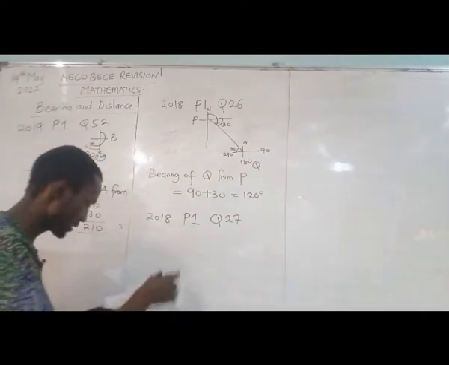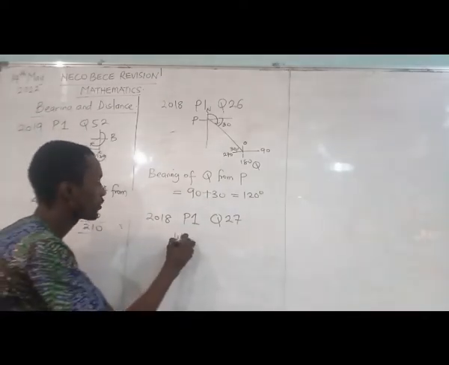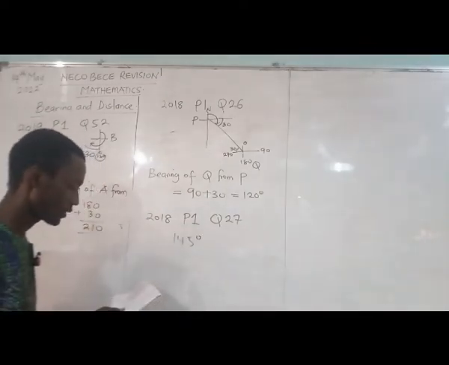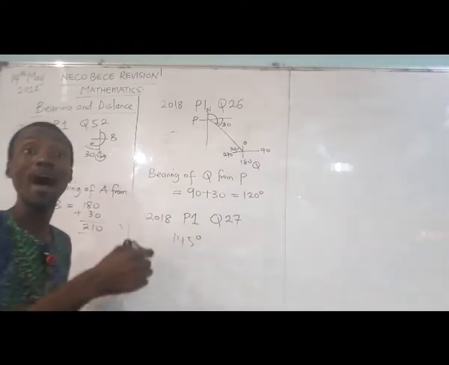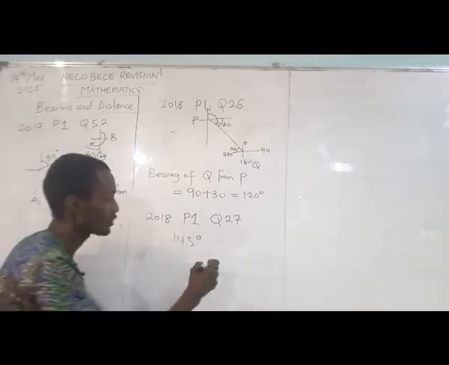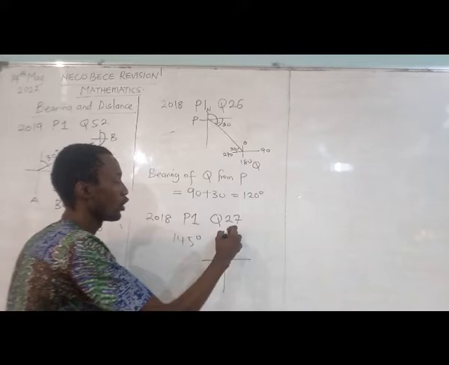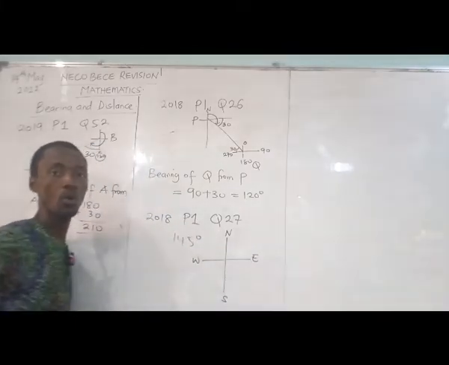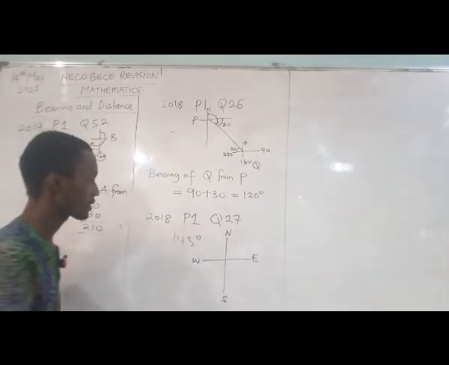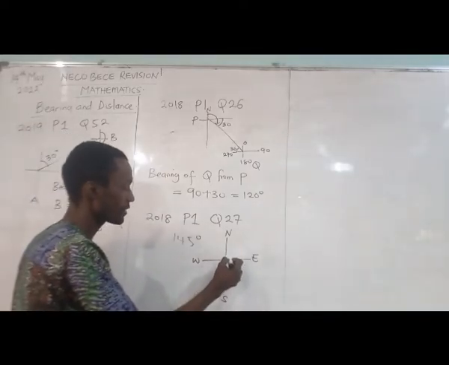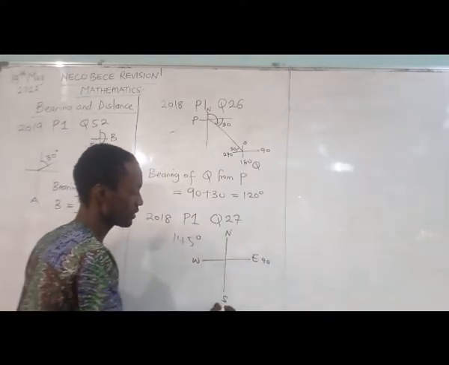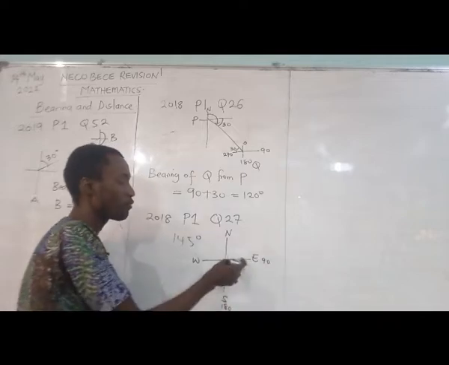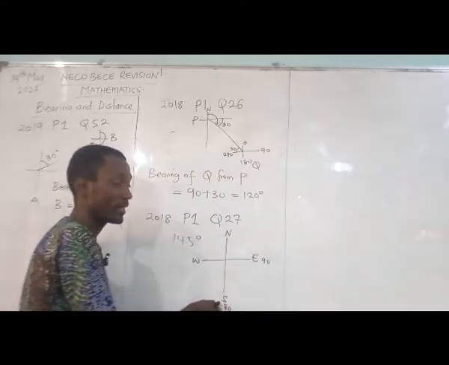So, it says convert what? 145 degrees surveyor bearing to compass bearing. So how do you do that? You draw your cardinal points. North, south, east, west. Where would you have 145 degrees? This is 90. This is 180. So 145 will be between 90 and 180.